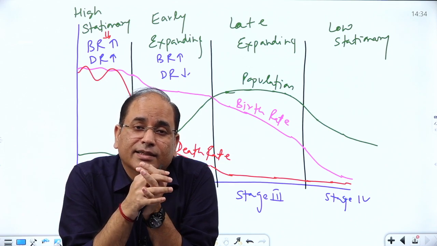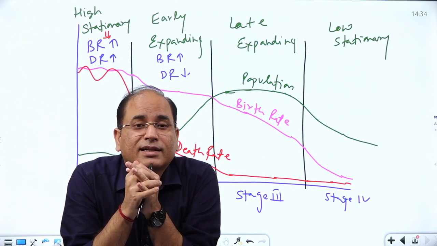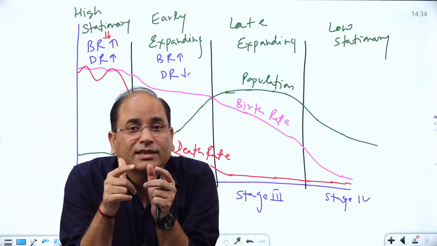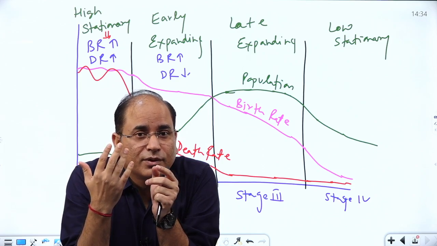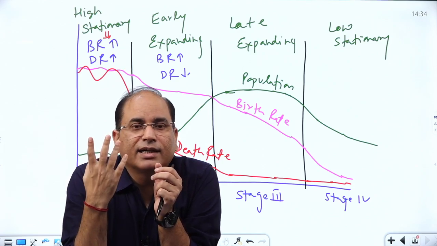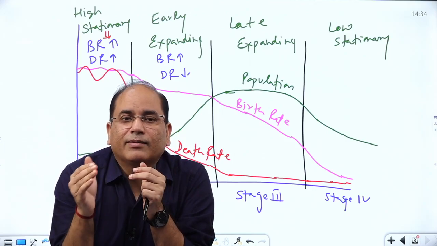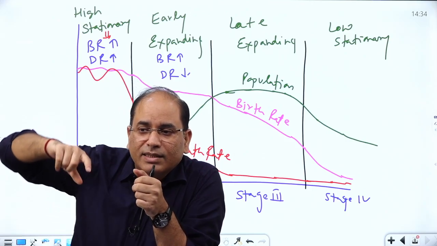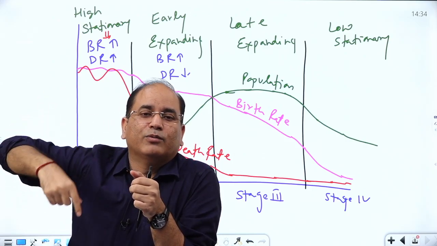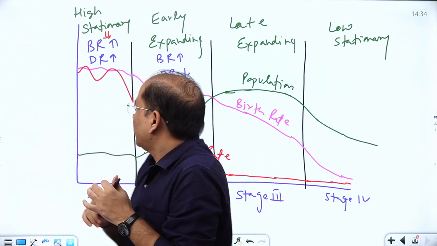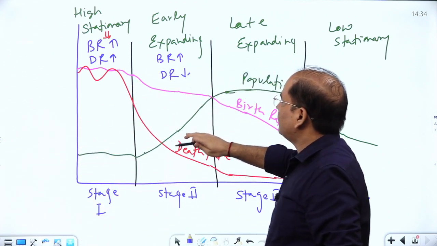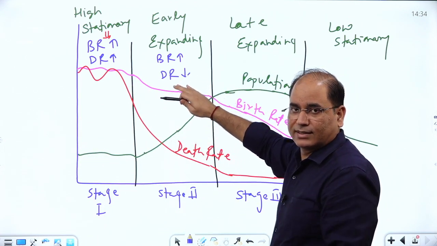But suddenly, people are still having 10 children, but now the chances of survival have gone up. So out of the 10 children, 8 children are surviving. So earlier it was only 2-3 children surviving. Now 8 children are surviving, meaning there will be a sudden population rise. So in this stage, there will be a very high population rise.